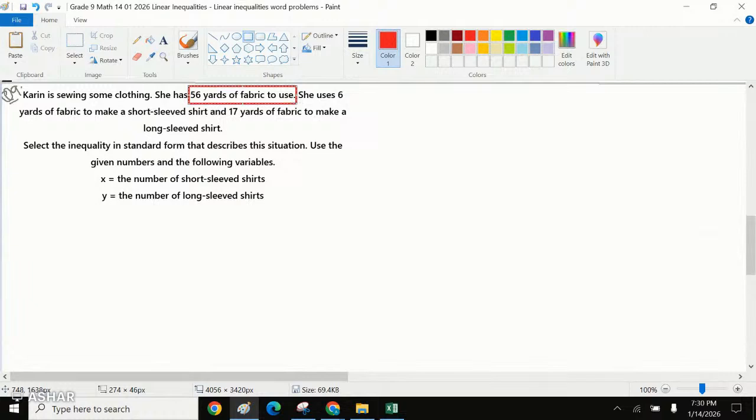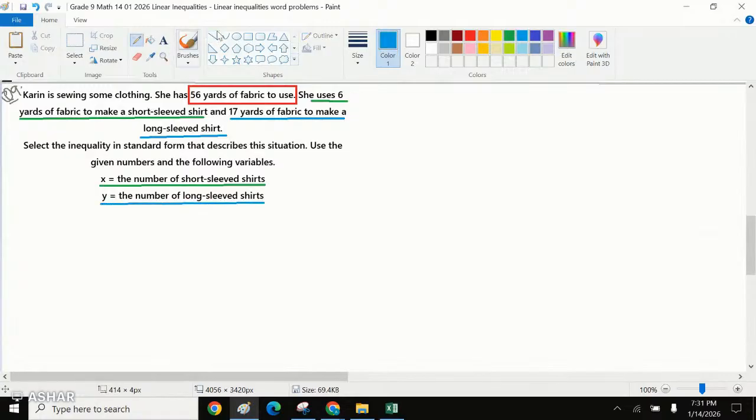She uses 6 yards to make short sleeve shirts, right? And she uses 17 yards to make long sleeve t-shirts. So she basically has two types of t-shirts over here. X gives the short sleeve and Y gives the long sleeve, okay?